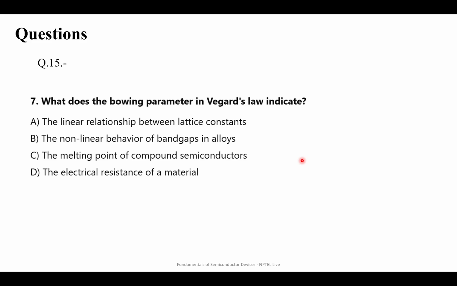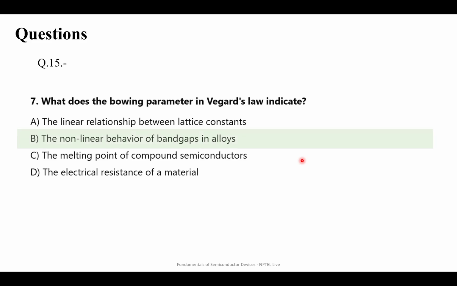What does the bowing parameter in Vegard's law indicate? The linear relationship between lattice constants, the non-linear behavior of band gaps in alloys, the melting point of compound semiconductors, the electrical resistance of a material. Option B, non-linear behavior of the band gap in alloys.